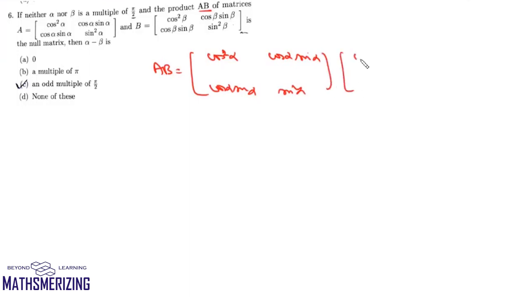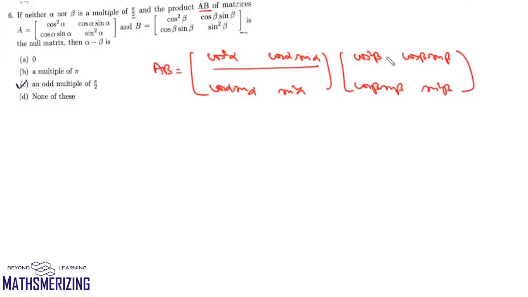Now question number 6 says, if the product AB is a null matrix, then alpha minus beta is. Now if we multiply A with B, we can write A as cos square alpha, cos alpha sin alpha, cos alpha sin alpha, and sin square alpha, and B is cos square beta, cos beta sin beta, cos beta sin beta and sin square beta.